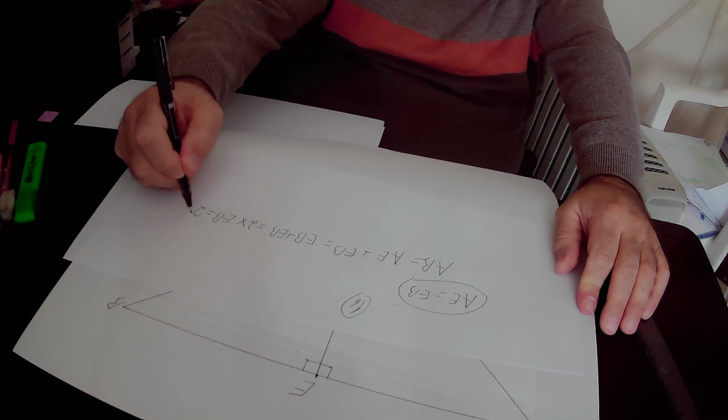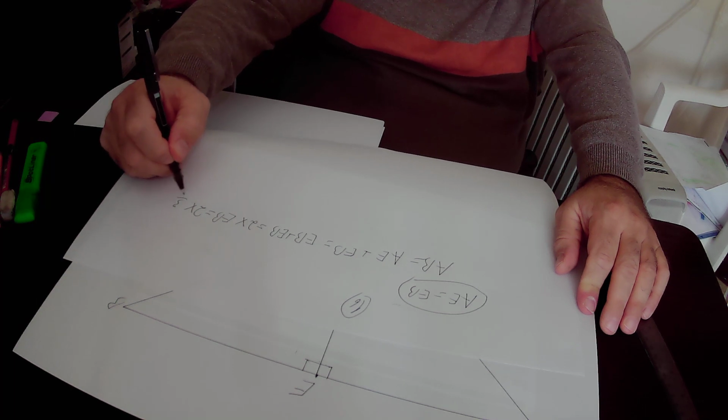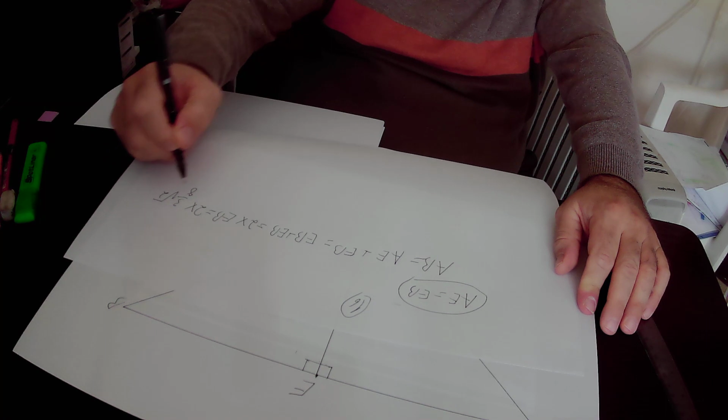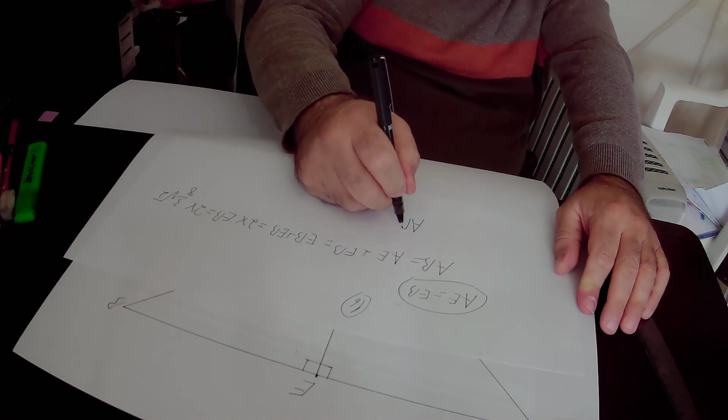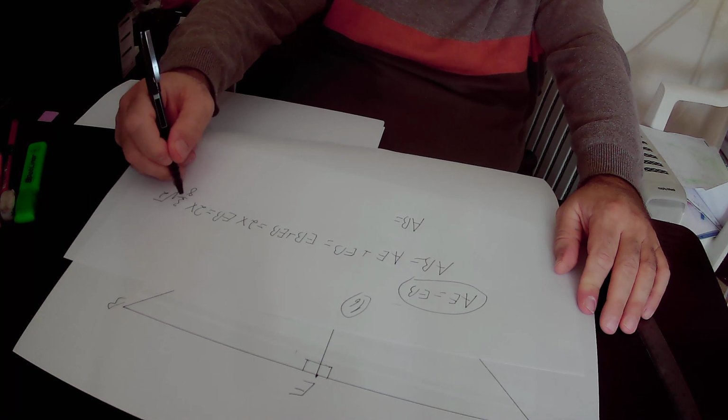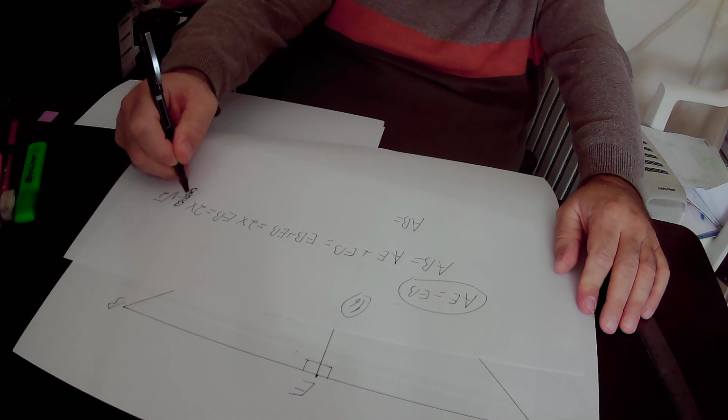And we have already found out that EB equals 8 over 3 times square root of 2 units. So in total we found out that AB equals 2 times 8 over 3 times square root of 2 units.